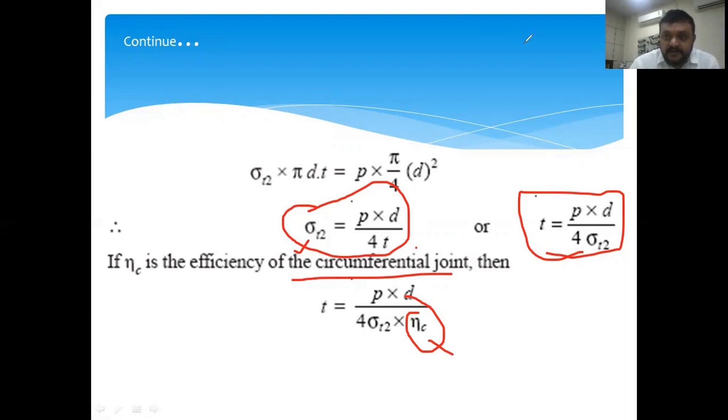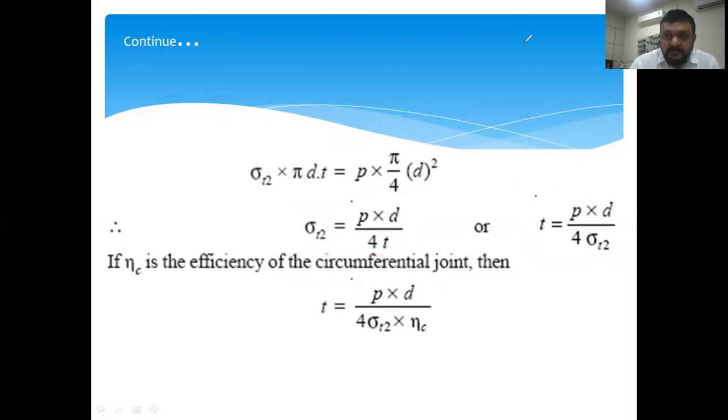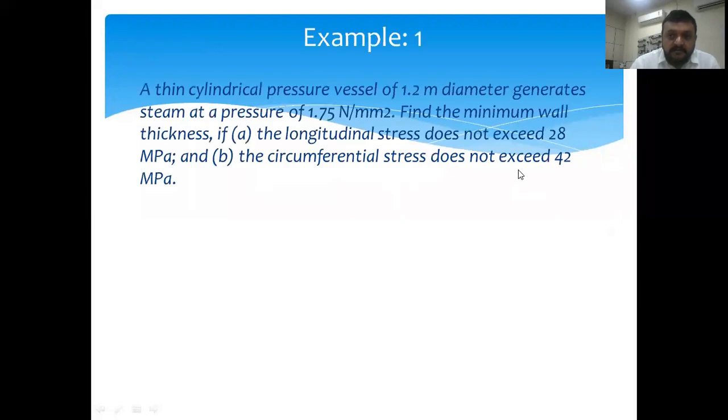And ideally, I will show you by means of an example, the exact design procedure for the thin cylindrical pressure vessel. Now here the diameter is given, so capacity is not given, so no need to calculate the diameter as we have discussed. Steam pressure P is given, then you have to find out the minimum wall thickness.